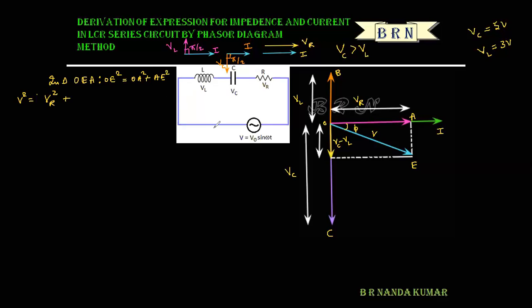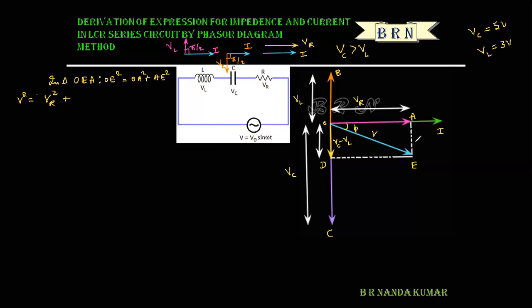Actually, the resultant of VC and VL, that is VC minus VL, is represented by the vector OD. Vector OD represents the resultant of VC and VL. So OD is VC minus VL.